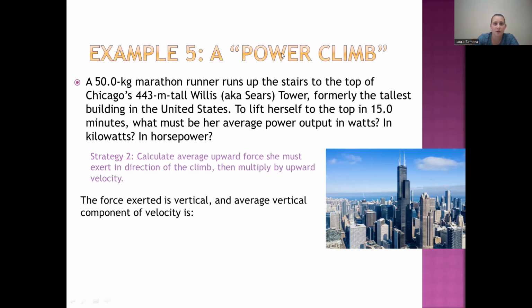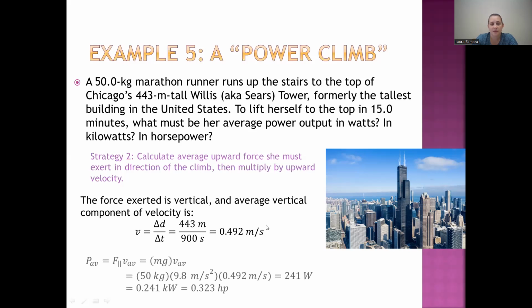So that's a vertical force. And the average vertical component of the velocity is that change in position over change in time. Right, so she's covering a displacement of 443 meters, again in 900 seconds. So here is our velocity.